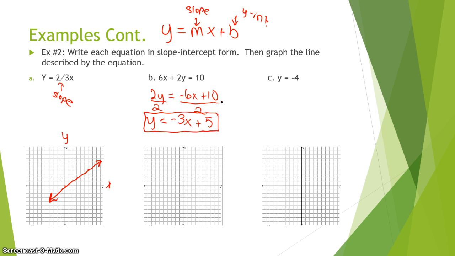So now once we have this in the slope-intercept form, we can graph it. Notice I'm given a y-intercept here. My y-intercept, my b, is 5. And my slope here is negative 3. Notice my slope is negative. So how can I start graphing this line based on the equation on my coordinate grid?